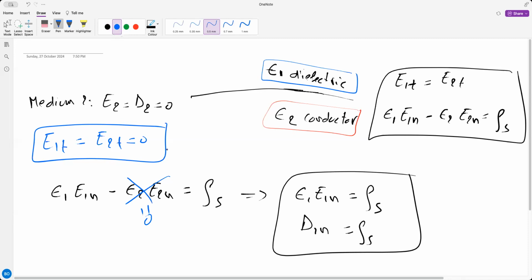So those are the two boundary conditions in the case of an interface between dielectric and conductor. Let me write it here. Boundary conditions between dielectric and conductor. Okay. Any question?